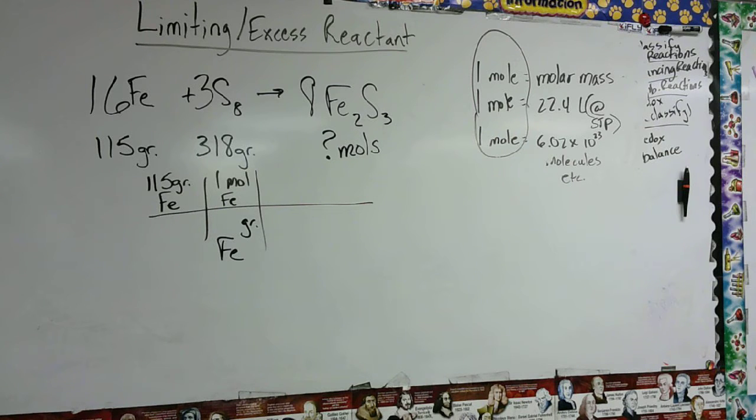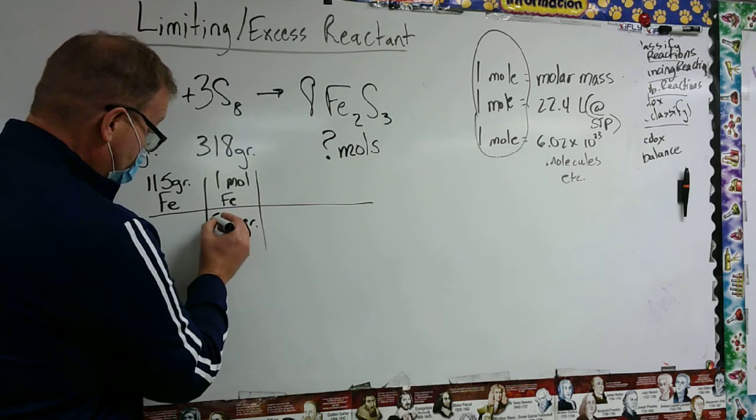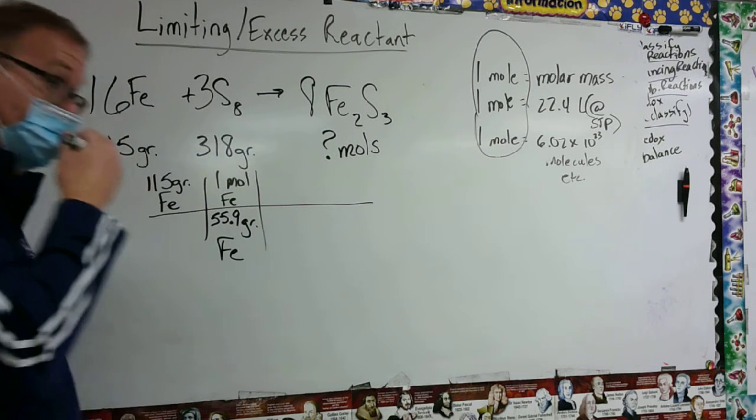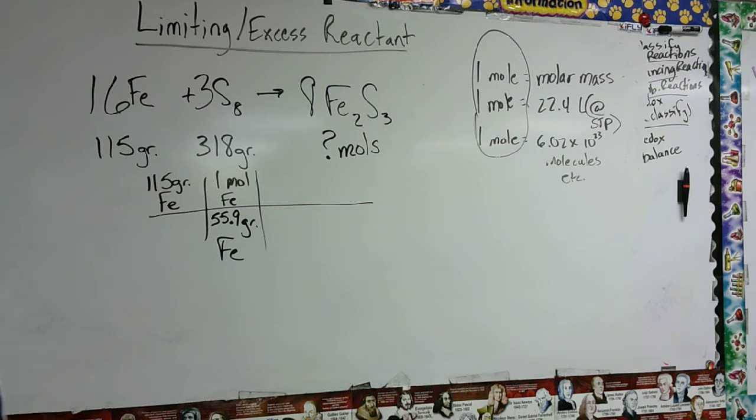Periodic table. Remember? It's our friend. We're going to round to the 10th place, so we have that right there. 55.9. Or is it 55.8? That's 55.85, right? So we'll go 55.9.